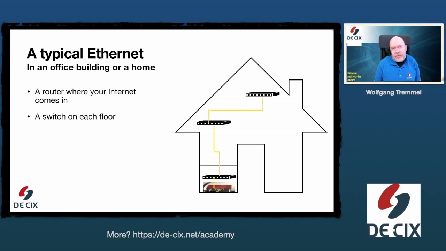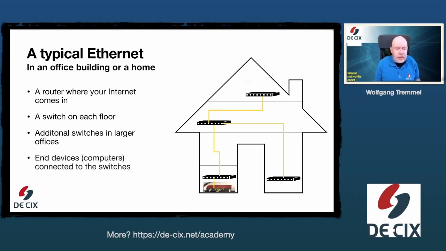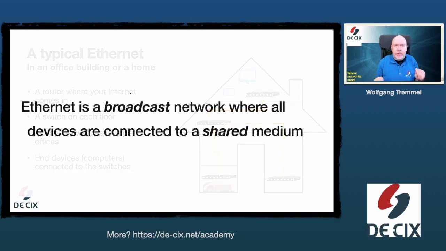They are interconnected with cables, and perhaps in larger offices where more devices are connected, you might also have an additional switch. End devices are connected to these switches also using electrical Ethernet cables, twisted pair cables. You all have seen them. Now, keep in mind, again, Ethernet is a broadcast medium. So each device on this Ethernet can communicate with each other device.